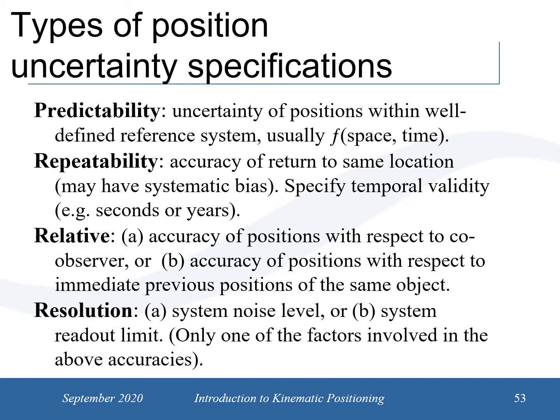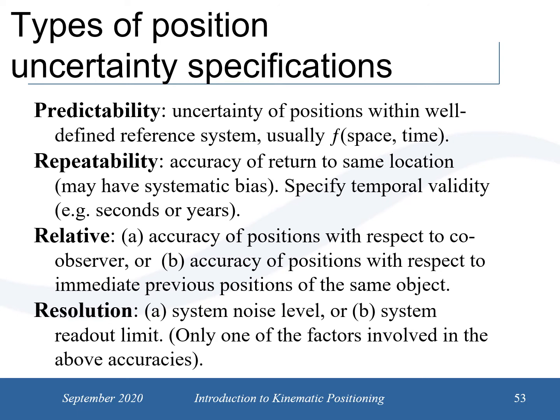Relative uncertainty may have 2 meanings. It may be the accuracy of positions with respect to a co-observer, or the accuracy of positions with respect to the immediate previous positions of the same object.